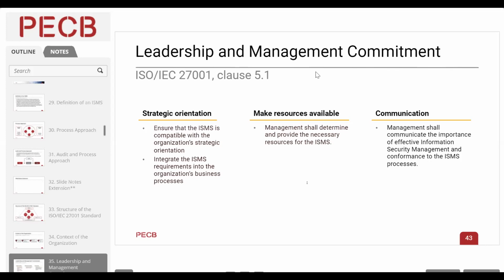Another requirement is the fact that we need resources available. There are a lot of resources that are needed. Management has to make it available. And then communication. We need to be able to communicate. One of the ways of management communicating to the organization is through policies.